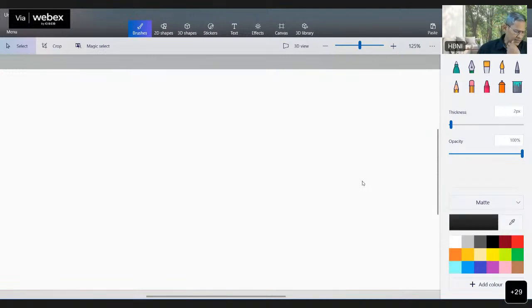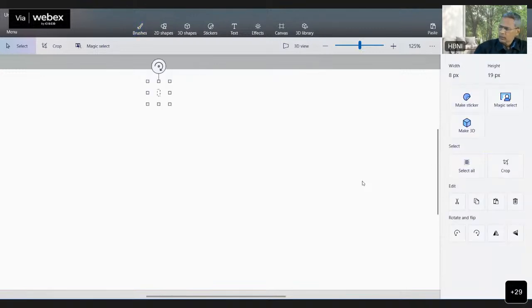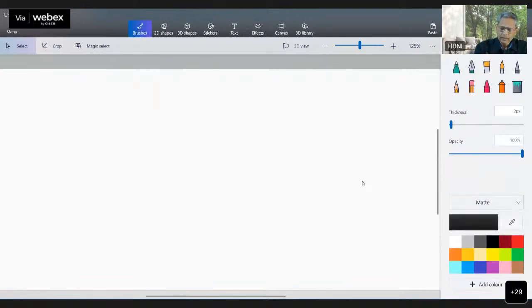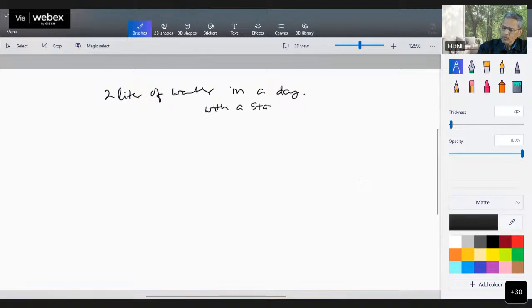Suppose we know that an average person drinks 2 liters of water in a day, with a standard deviation of 0.7 liter.